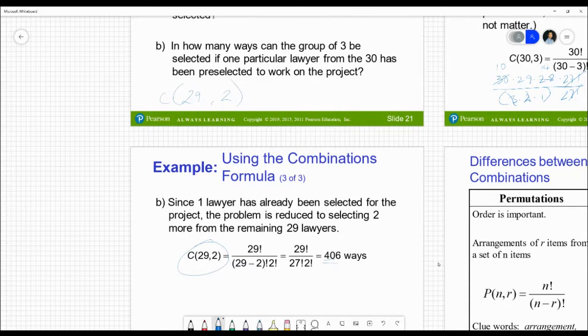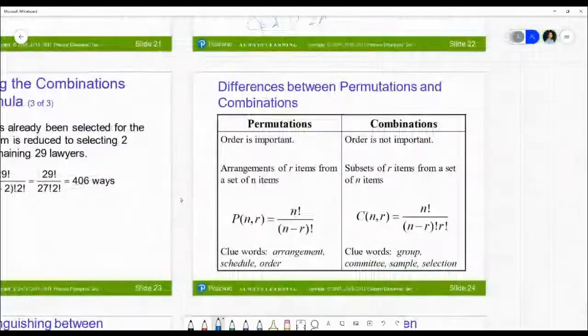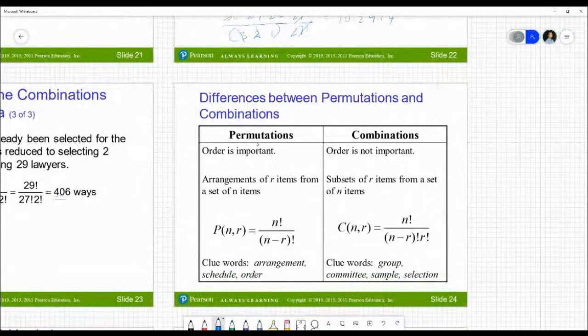Yes. Okay. All right, so here's the difference between the two. Permutation, the order is important, whereas combination, the order is not important. Now, the formula is almost the same, except that with combination you're going to have fewer choices, because here you are dividing by a larger denominator.